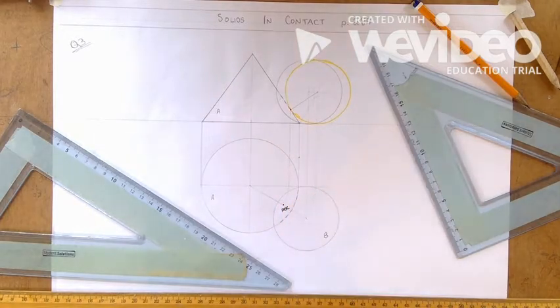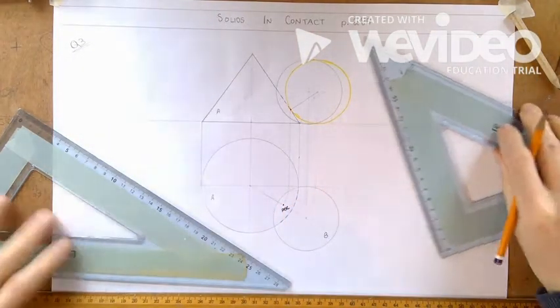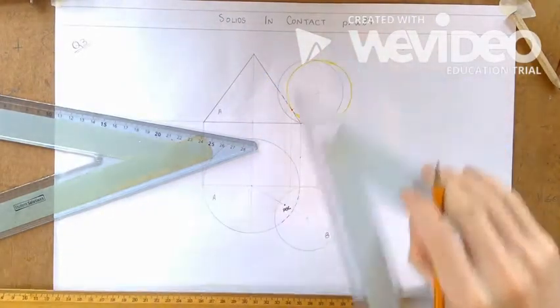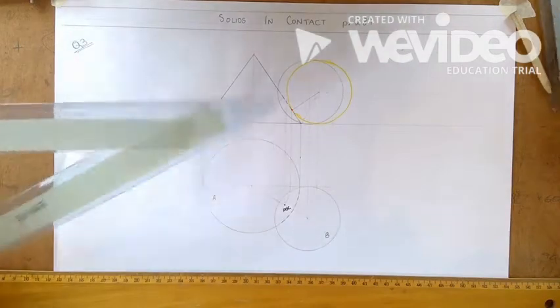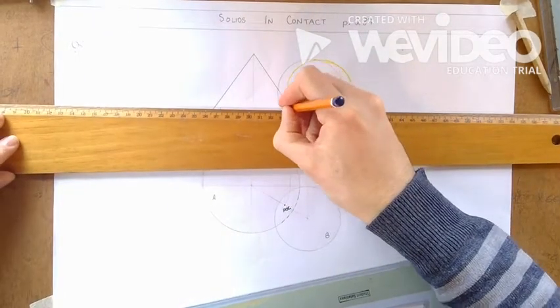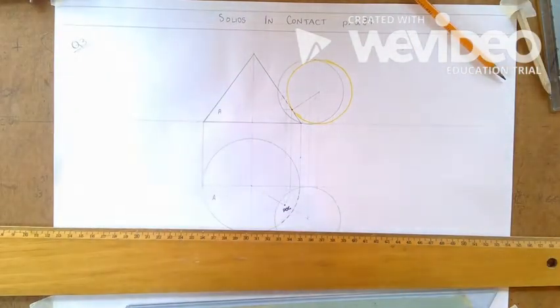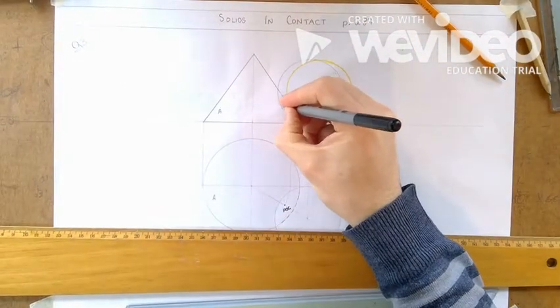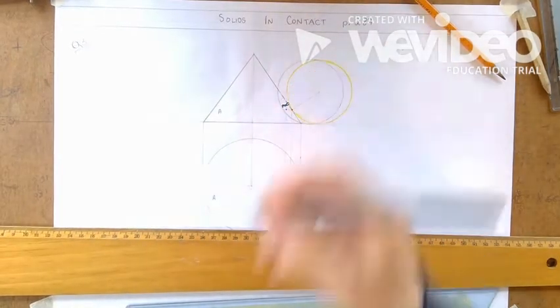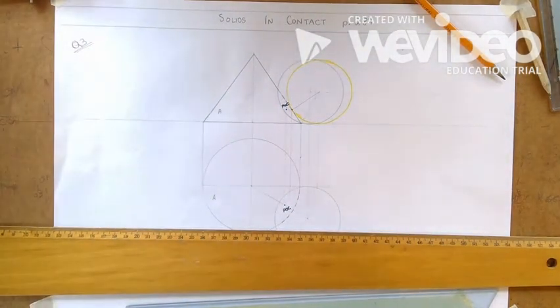That's your point of contact. Now we're going to show that point of contact in elevation. So project that up to elevation, and then bring that line straight across. Okay, and that's your point of contact in elevation. So that's part A of the question done.